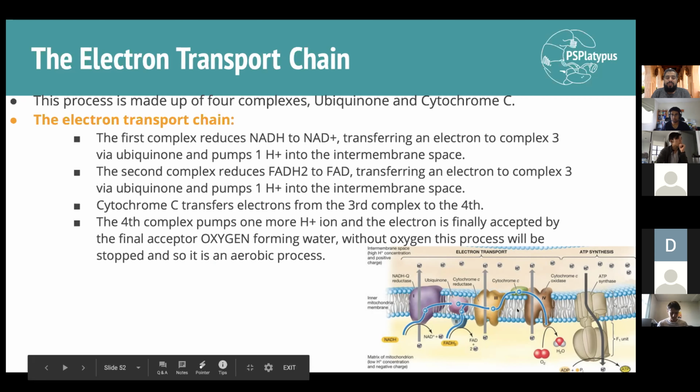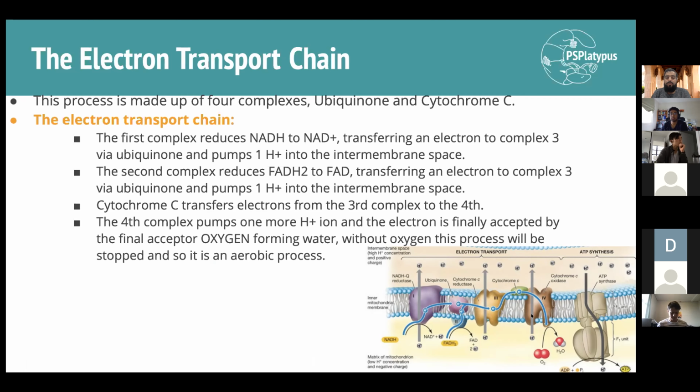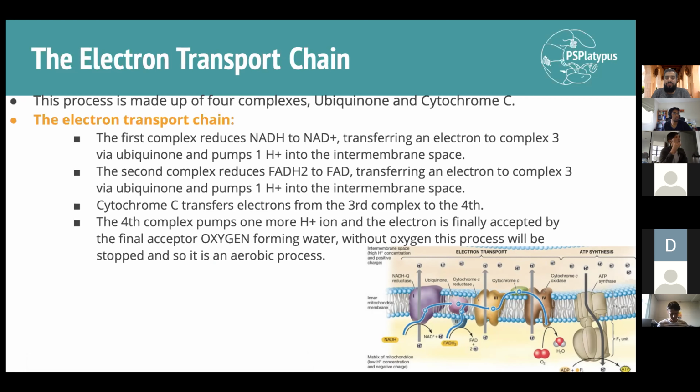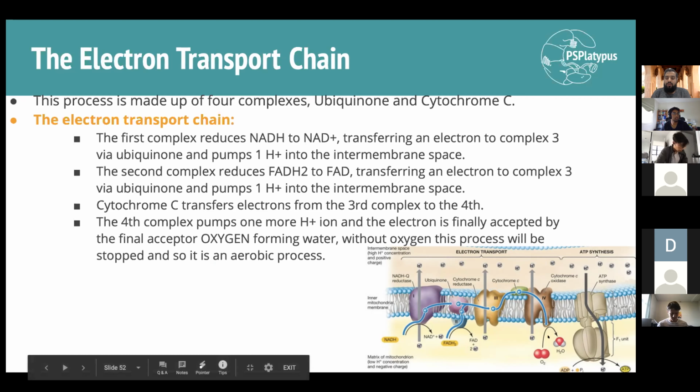Then cytochrome C transfers electrons from the third complex to the fourth. Finally, the fourth complex pumps one more hydrogen ion, and the electrons are finally accepted by the final acceptor, oxygen, forming water.